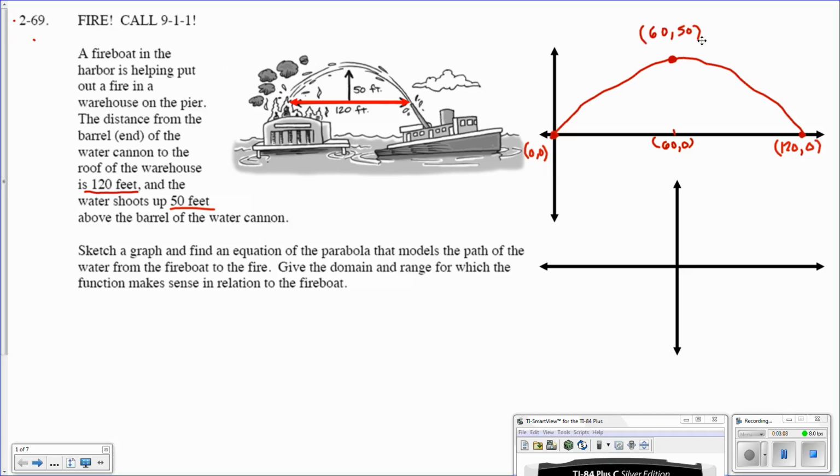Well, now that we know this information, remember this is our vertex, so we've just found h, k. We can use this to help us come up with the equation for this situation. So we're going to be using the general formula y equals a times the quantity x minus h squared plus k.